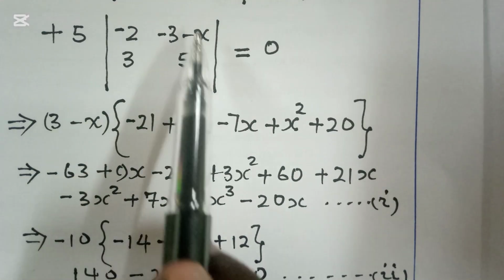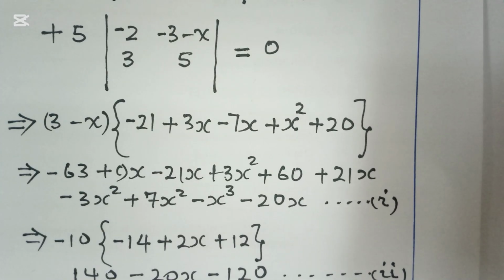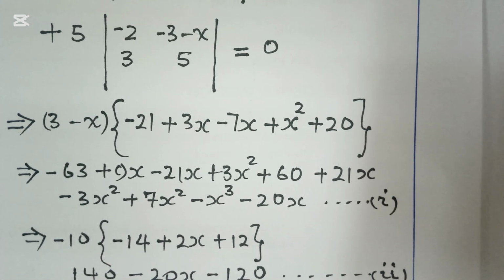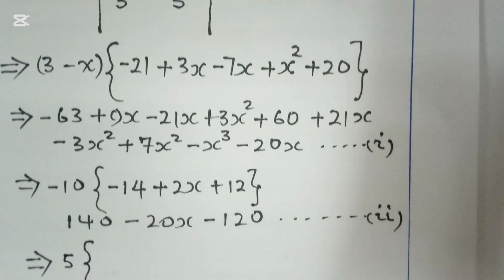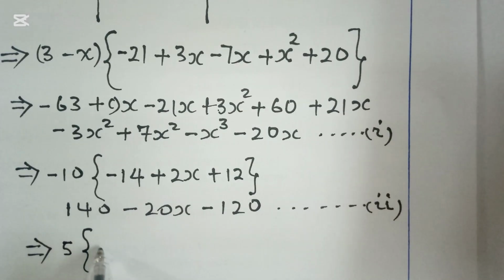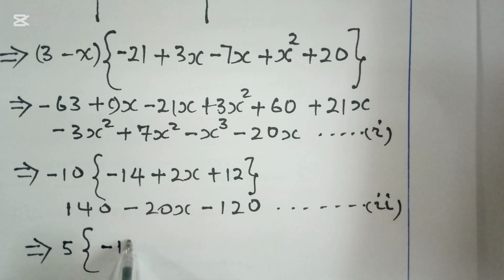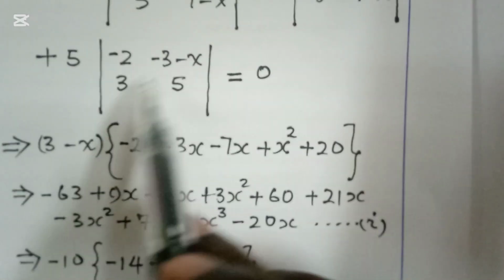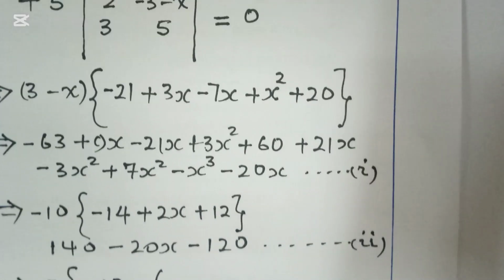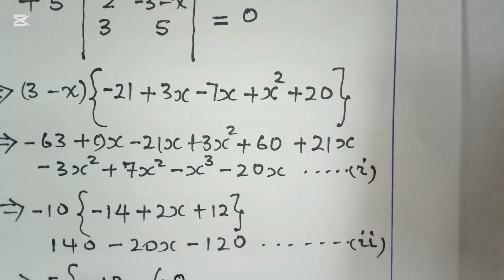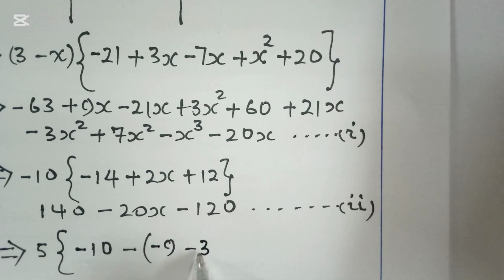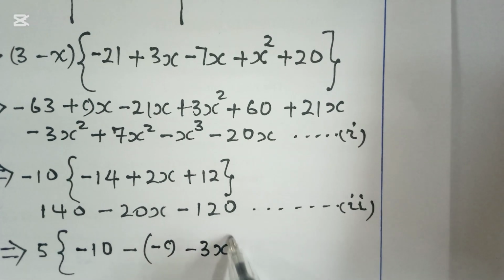Guys, now we go to our last equation here, where we are going to have minus 2 multiplied by 5. We first of all write 5, and then we write minus 2 multiplied by 5 gives us minus 10, minus 3 multiplied by that is going to be minus 9, minus 3x, like that.